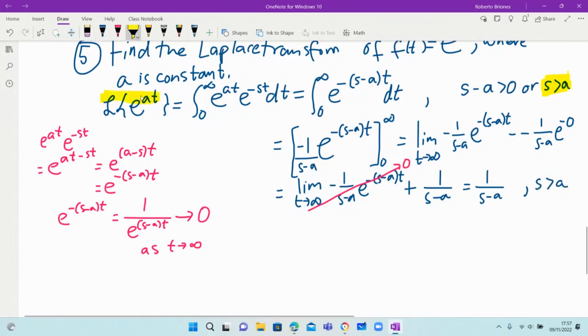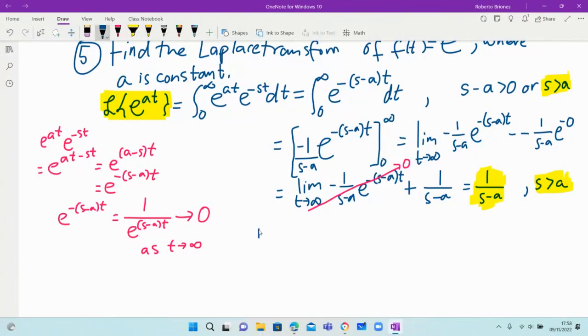So again, to recap, the Laplace transform of the exponential function e to the at is just equal to 1 over s minus a, which is true as long as s is greater than a.